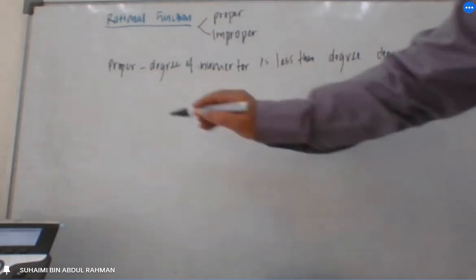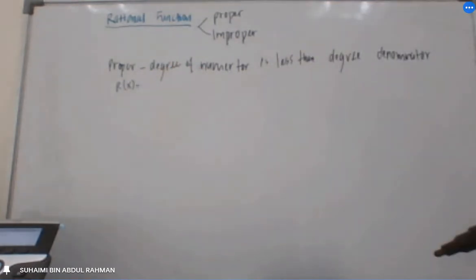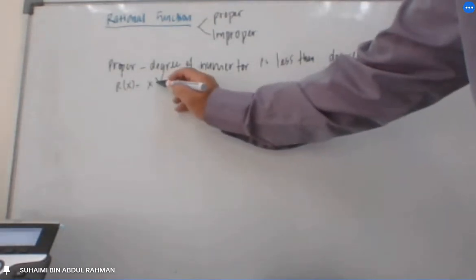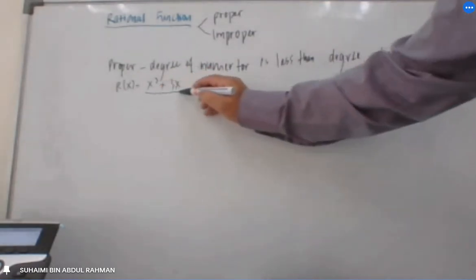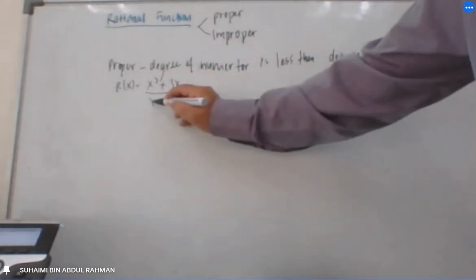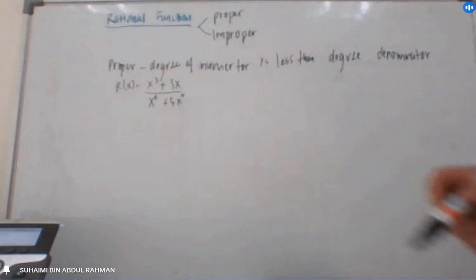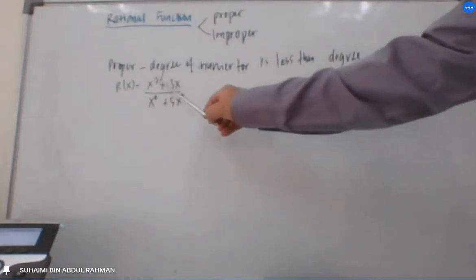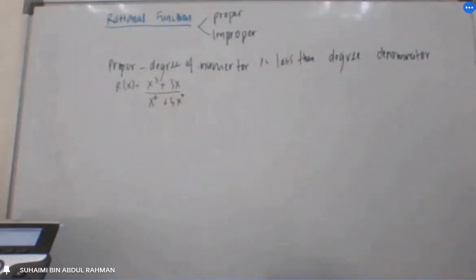Examples of proper rational function are, let's say, R(x) equal to x to the power of 3 plus 3x over x to the power of 4 plus 5x squared, where you can see the degree of numerator 3 is less than the degree of denominator 4. This we call proper rational functions.